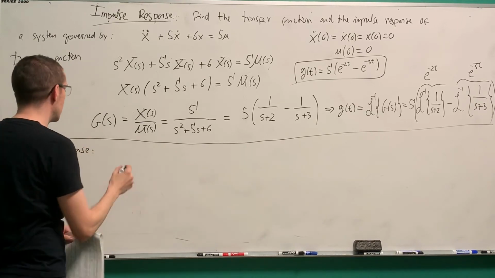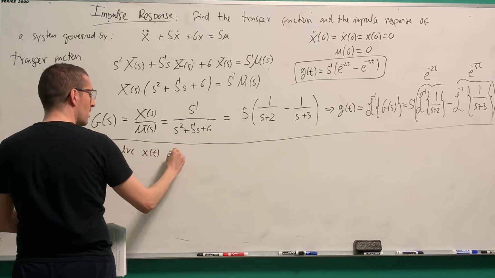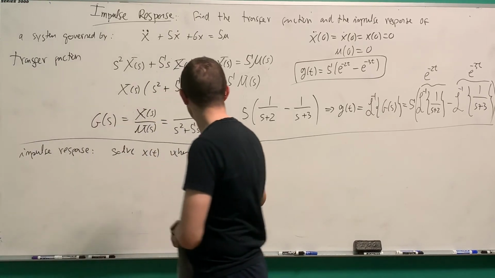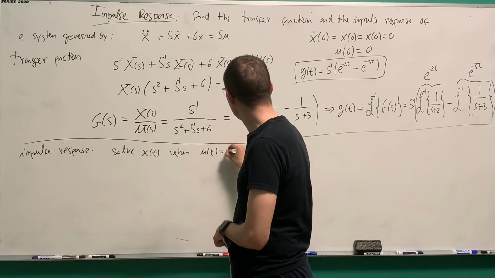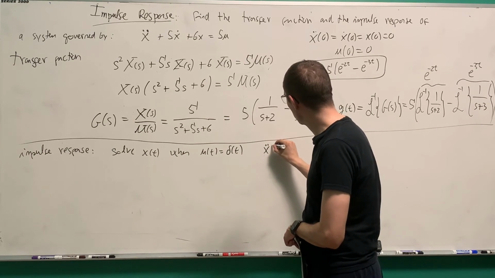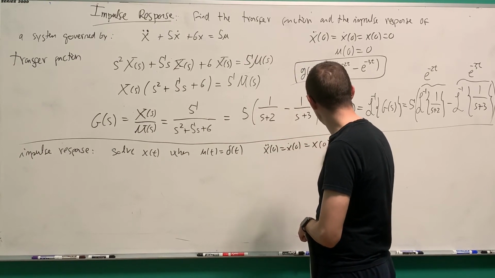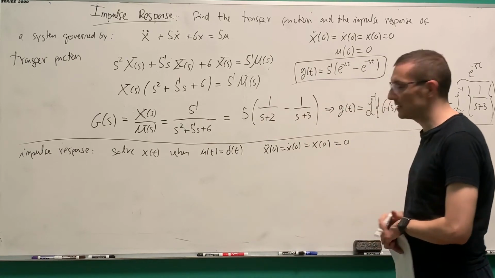The impulse response is: solve x of t when u of t is equal to delta of t, under the same assumptions: x dot of 0 equals x of 0 equals 0.